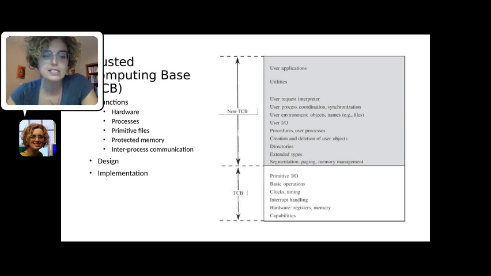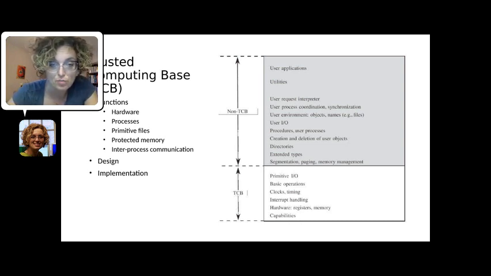Hardware can be as low as the registers and communication buses, but it can also include processes. So if these are trusted processes, like security critical processes, primitive files that access the security database, or protected memory, and of course inter-process communication.